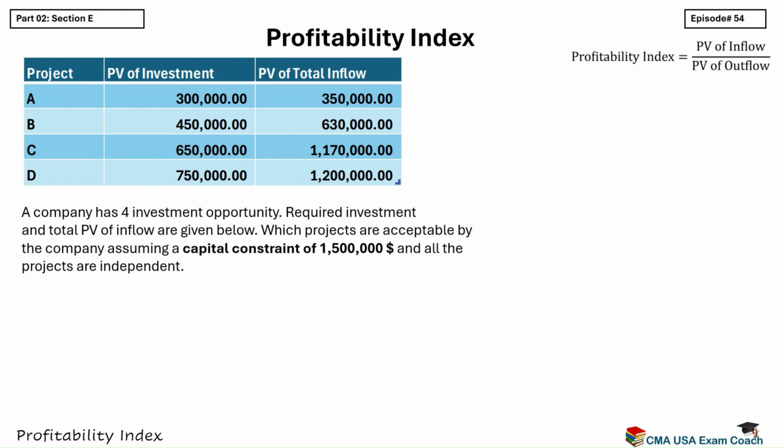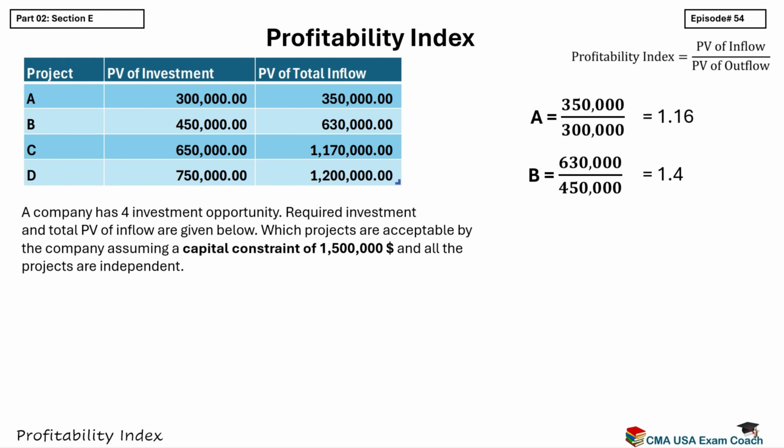Now let us calculate the profitability index for each of these projects. For Project A, the present value of inflows is $350,000, and the investment required is $300,000. So, the profitability index is $350,000 divided by $300,000, which comes to about 1.16. For Project B, the inflows are $630,000 divided by the investment of $450,000, which gives a profitability index of 1.4.